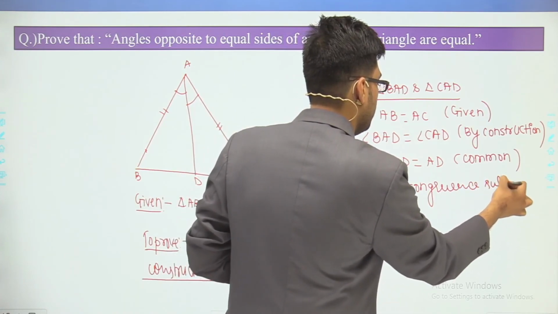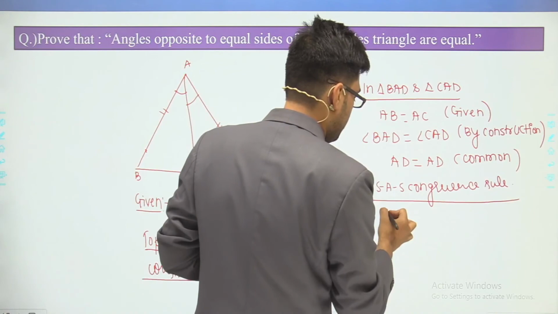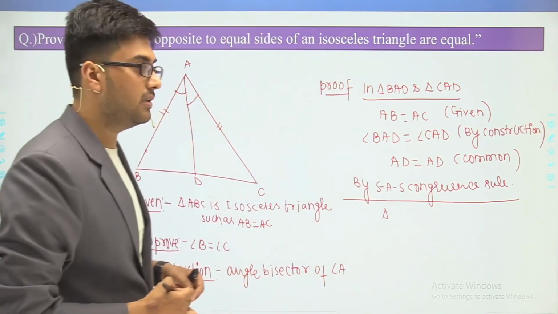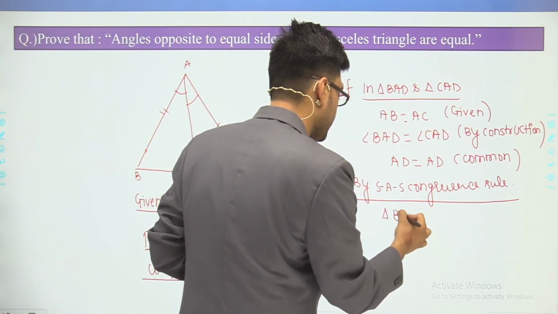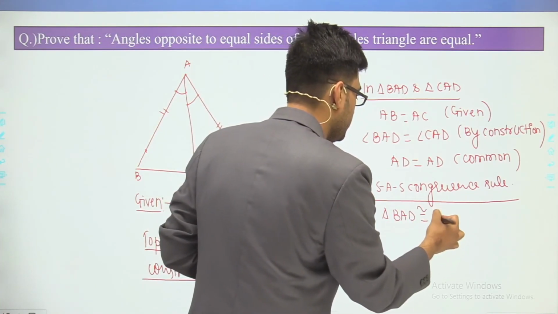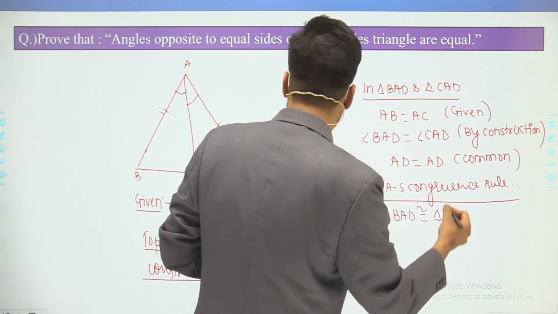So we can say that by side angle side congruence rule, triangle BAD is congruent to triangle CAD.